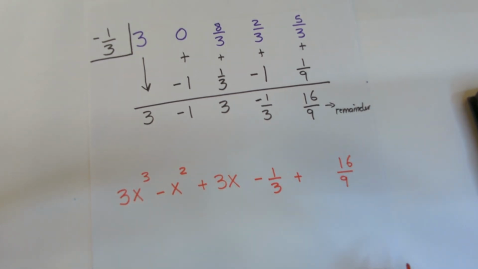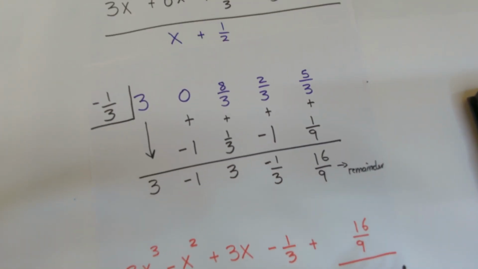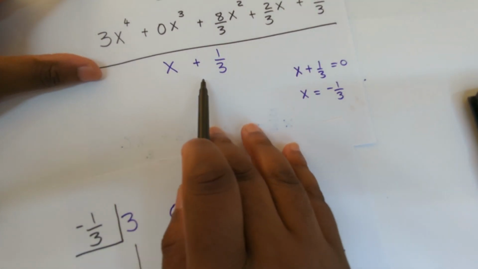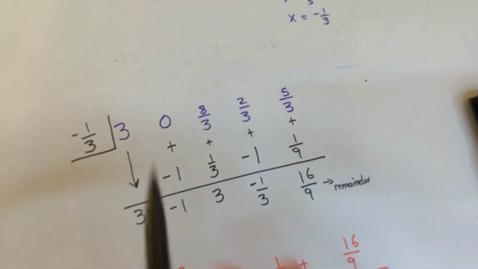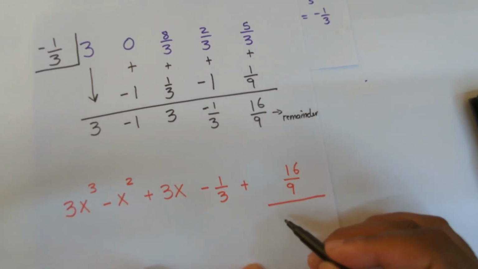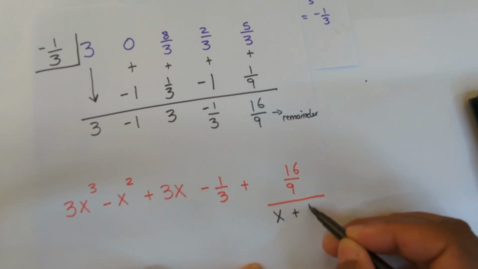So our remainder is 16 over 9, which is being divided by our simplified divisor. Our simplified divisor was x plus 1 over 3. So let's divide this by x plus 1 over 3.